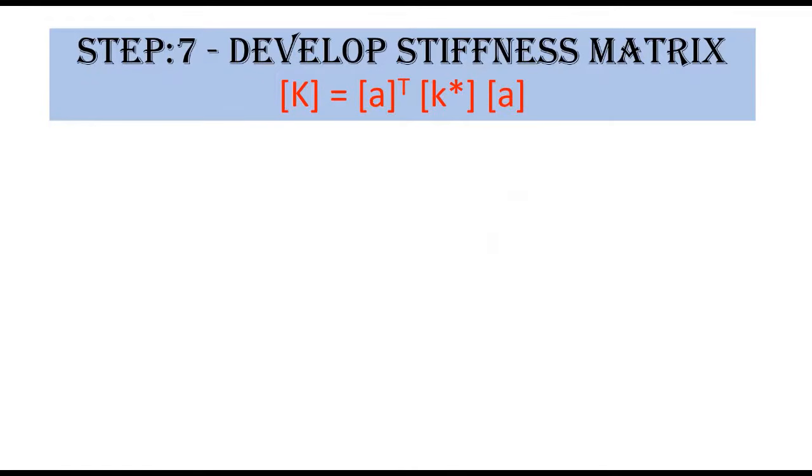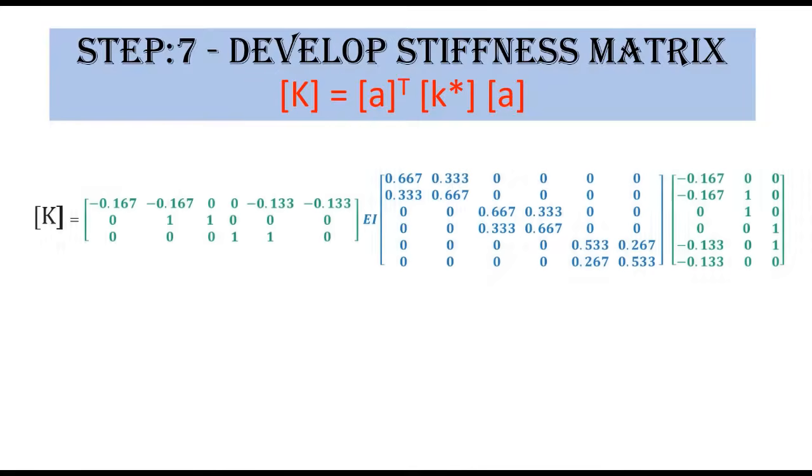Now moving to the 7th step, to develop the stiffness matrix, we have the equation: stiffness matrix is equal to the transpose of the displacement transformation matrix into the element stiffness matrix of the structure into the displacement transformation matrix.